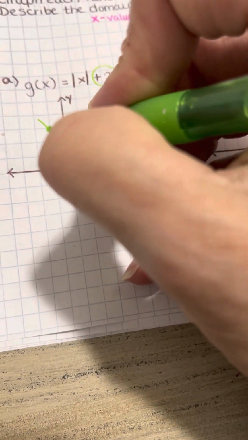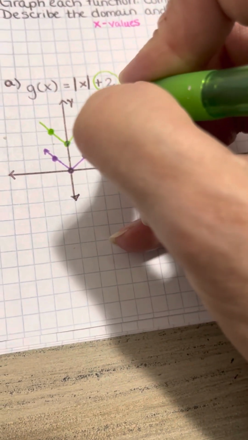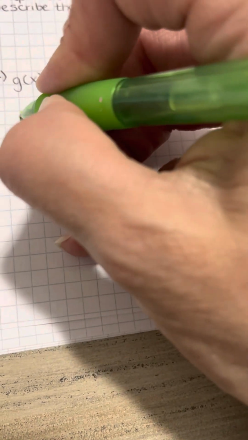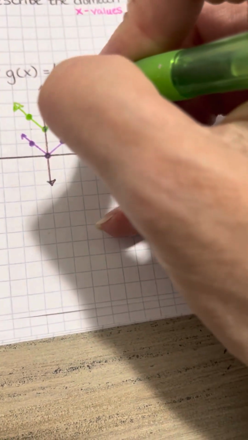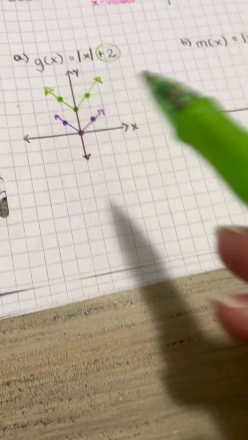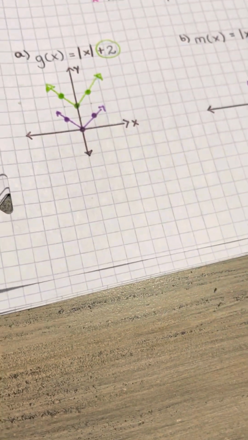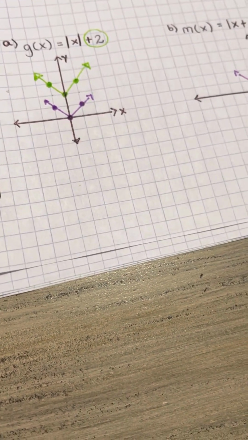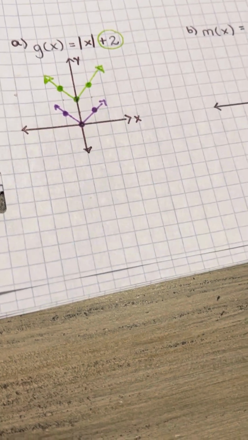And so we took all 3 of those points and moved them up 2 units, and we have successfully graphed g of x. So how does g of x compare? It is a vertical translation of 2 units up.